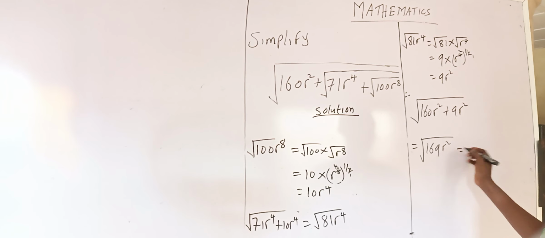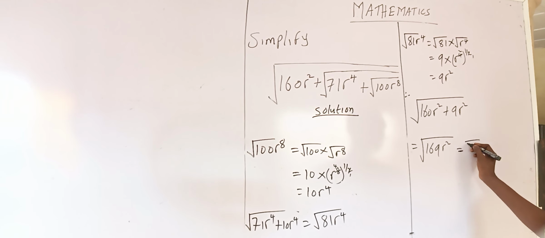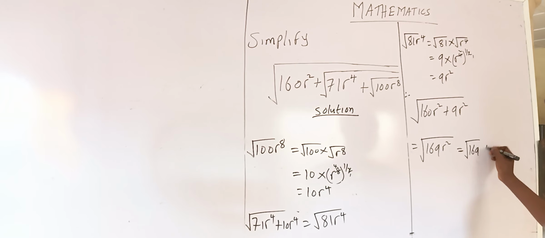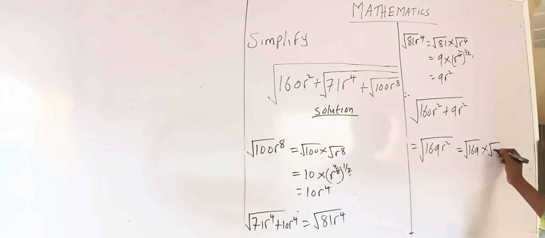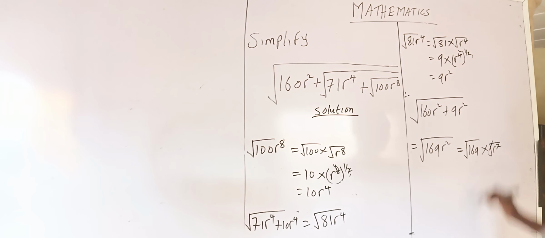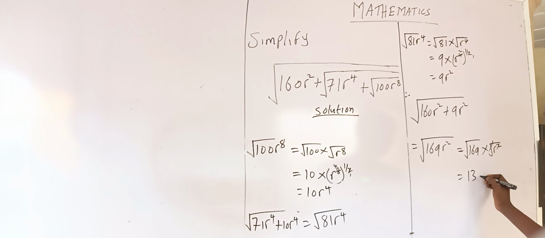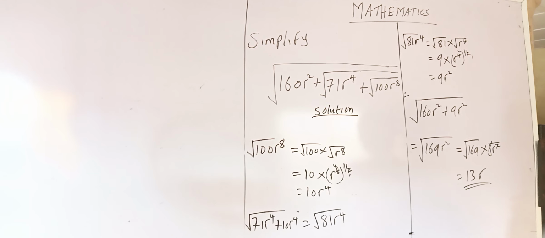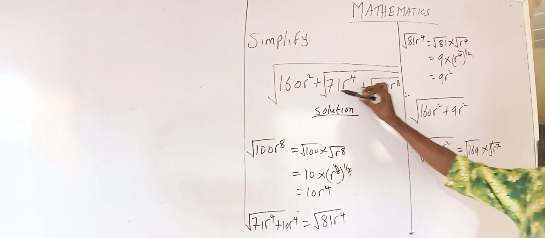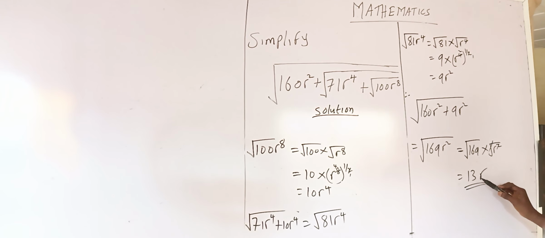So we can also apply the law of indices: 169 multiplied by the square root of r squared. So the square root of 169 gives 13 r. Which means if you simplify this question, what you'll be having is 13r as your answer.